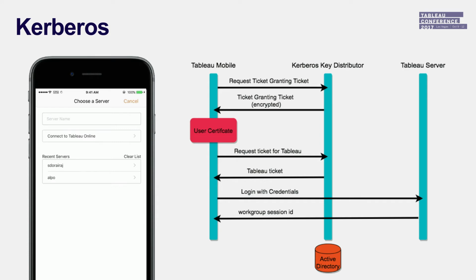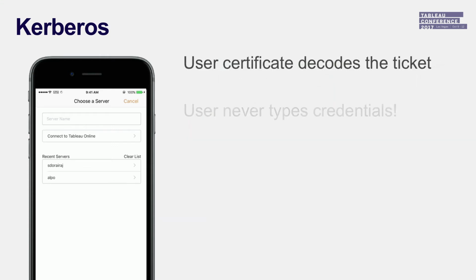The certificate is used to decode the ticket, and if everything checks out, the Kerberos key, the Active Directory credentials, are verified. Tableau would then issue a workgroup session ID to the mobile app. As I said, the user certificate decodes the ticket, and the user does not have to type credentials.